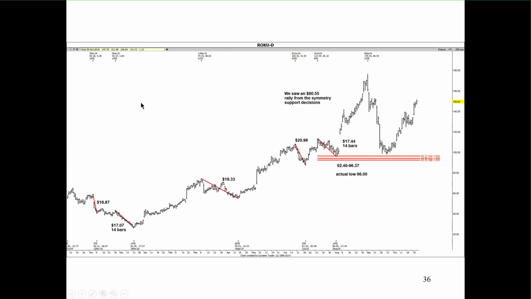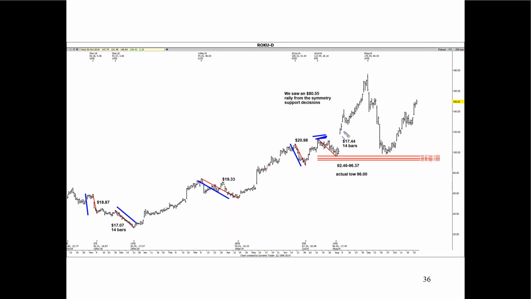Okay, here's another example. This is actually an older chart of Roku, but it shows you this gorgeous symmetry. So here, if you look at some of these prior declines, let's see, 1887, 1707, 1933, 2098. I basically took all of those declines, projected them from this next high, and 92.46 to 96.37 ends up being the support decision.